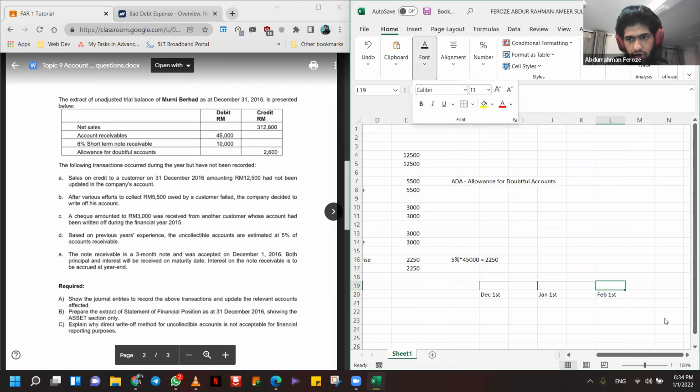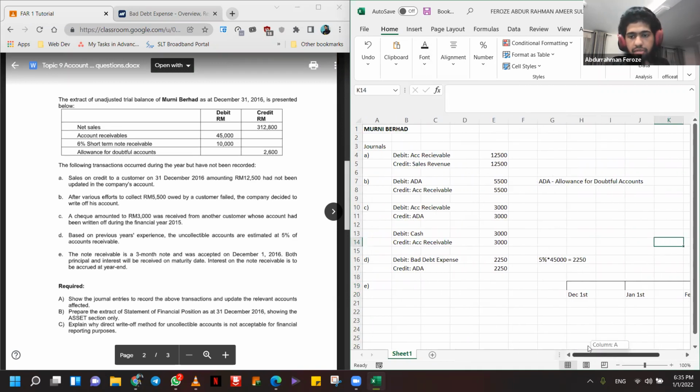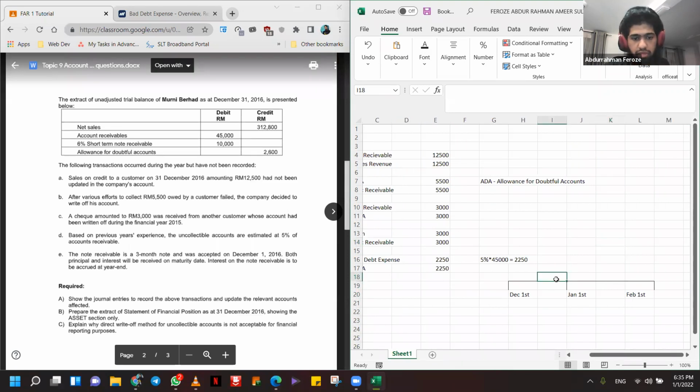These are the 3 months for the note receivable. So it's a 6% note receivable that the company has received.